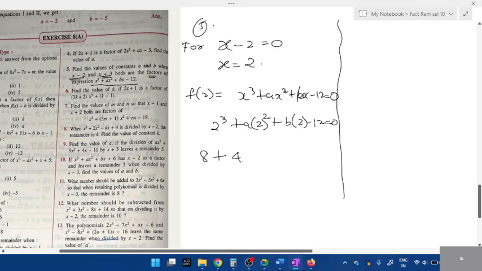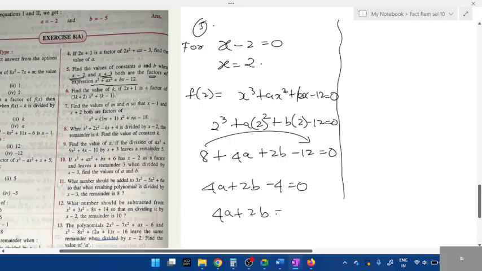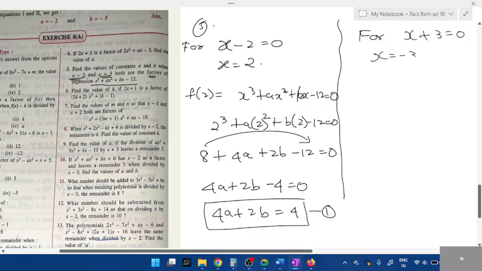8 plus 4a plus 2b minus 12 is equal to 0. 8 minus 12 is minus 4. So 4a plus 2b minus 4 is equal to 0, and the 4 goes to the other side as plus 4. This is the first equation. In the same way, for x plus 3, x is equal to minus 3.